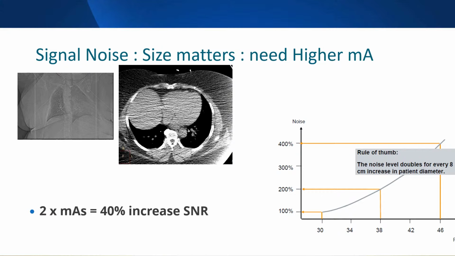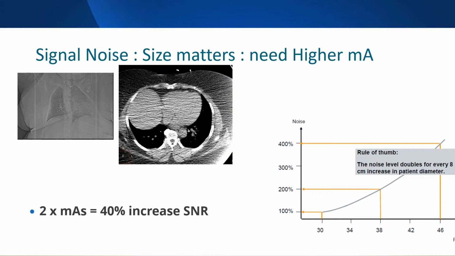So the rule of thumb here, obviously, this is very approximate, but if you give twice the MA, you increase the signal-to-noise ratio by about 40%. But most of the time you don't really determine that.